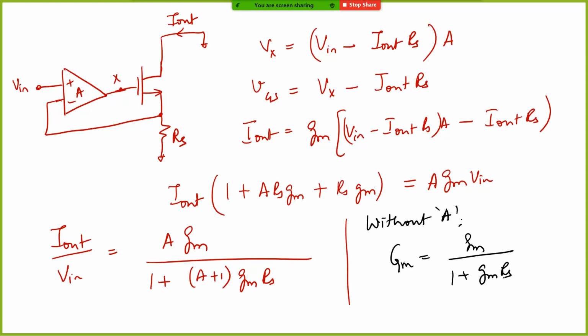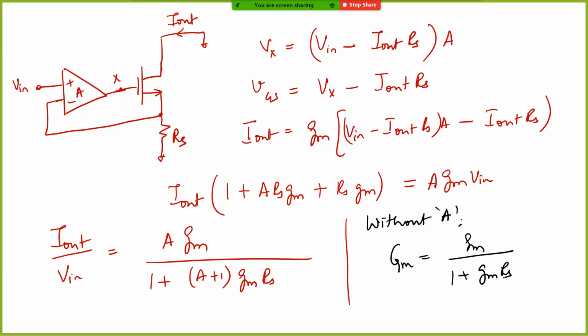The GM in the numerator and denominator is scaled by a factor of A. Of course, A will be typically much greater than 1, so you can say that it is much higher. So you have a slight improvement in the overall GM that you get.